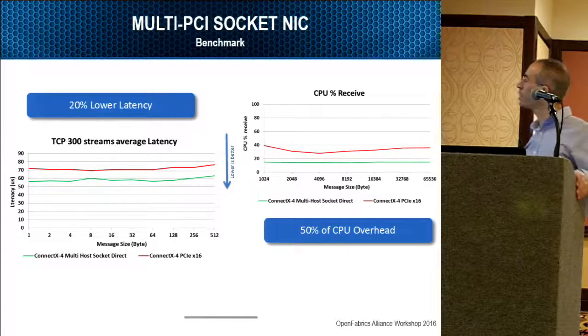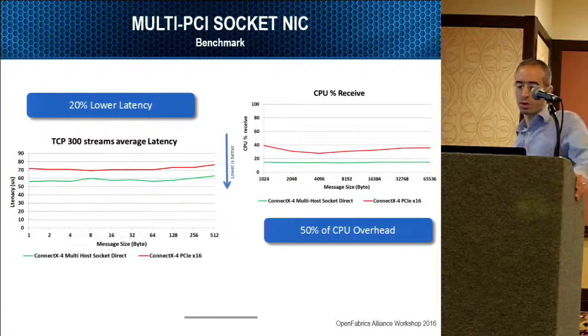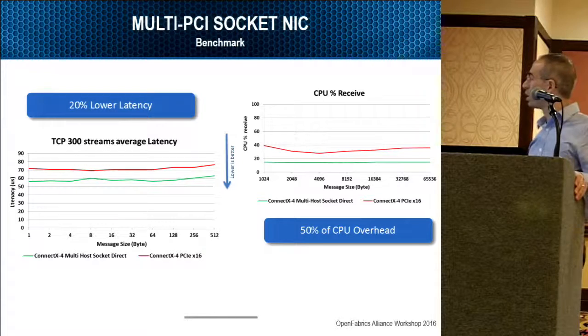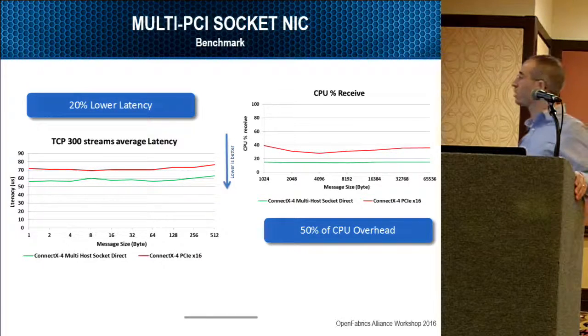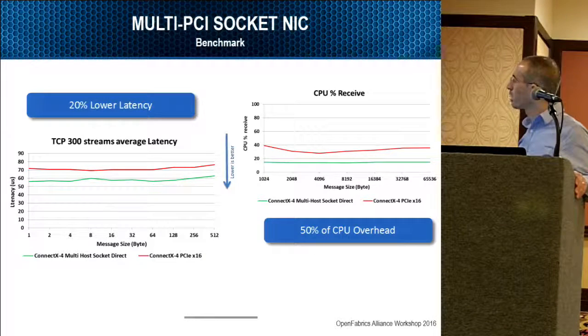So some benchmark numbers in the slide. We ran a simple test, netperf, with 300 TCP connections. We divided those connections on top of 2 NUMA cores. You can see in red the average latency without socket direct using a single NIC.